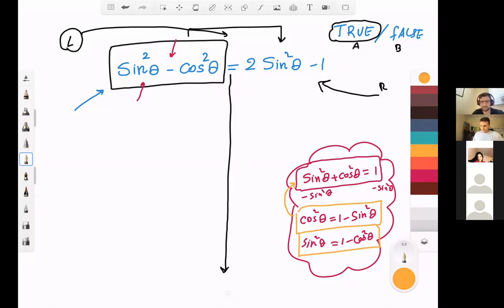So instead of cosine squared theta, I plug in this formula. I need to get rid of cosine squared because the other side has no cosine. So instead of cosine squared, I'm going to put 1 minus sine square of theta inside the parentheses, because there's a negative here.